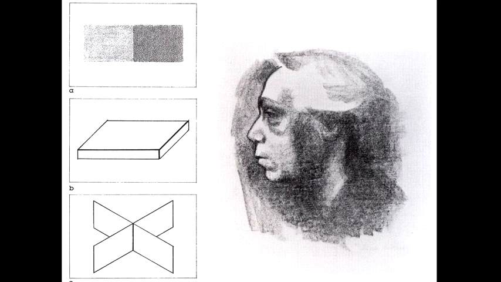So that is what we would be able to define as a line, but it's actually just a shift of tone at that edge. So lines are really representational of edges. If you look to the right, you'll see a figure that's drawn in a representational way where light and dark occurs, where the form turns away from the light.